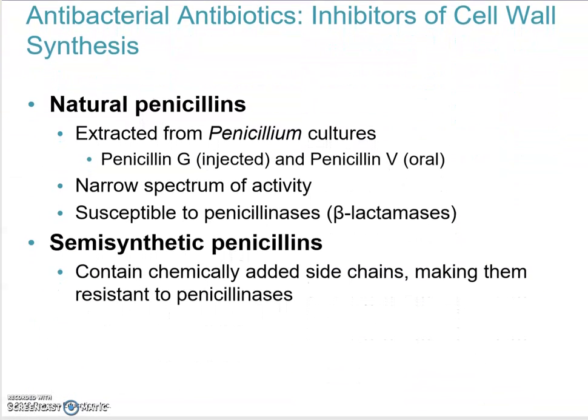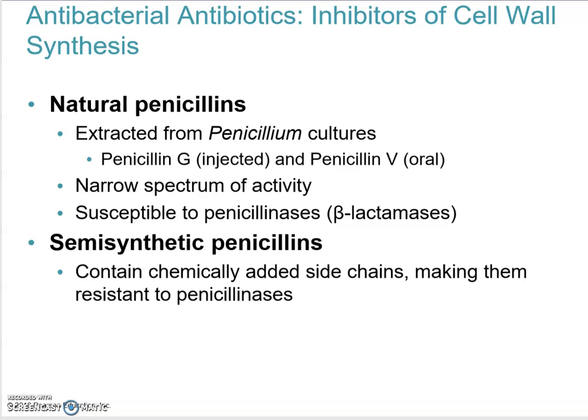So let's take a look at this here. The natural penicillins, there's penicillin G and penicillin V. They have a relatively narrow spectrum of activity, but those natural penicillins are very susceptible to penicillinase, which is the bacterial solution to the problem of being killed by penicillins. And then the semi-synthetic penicillins, these are penicillins that were altered in the chemistry lab.